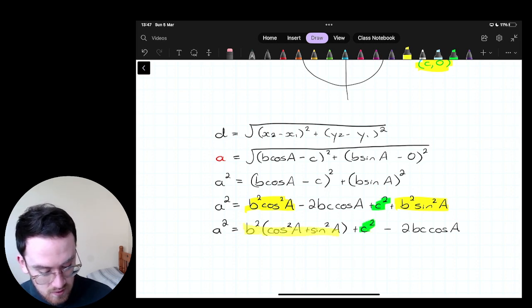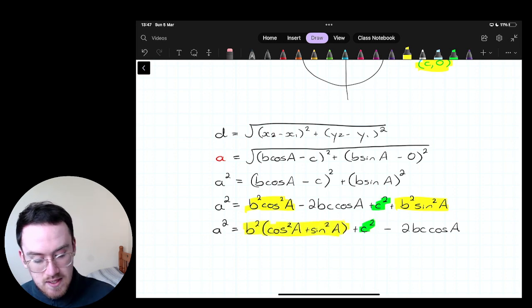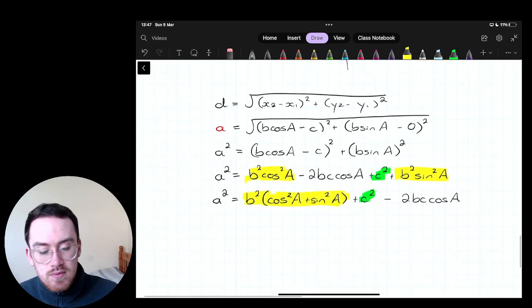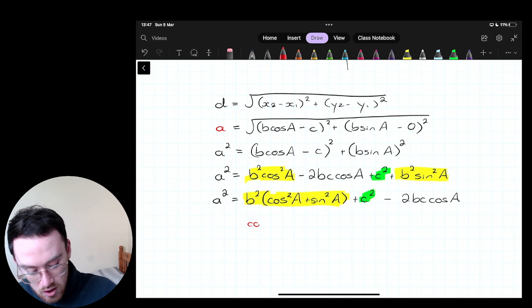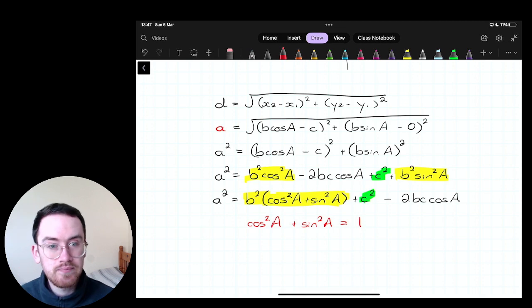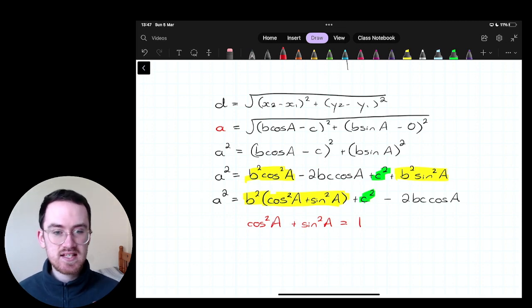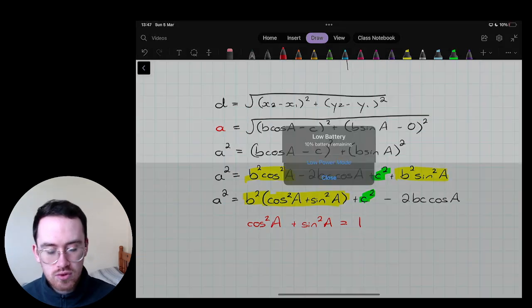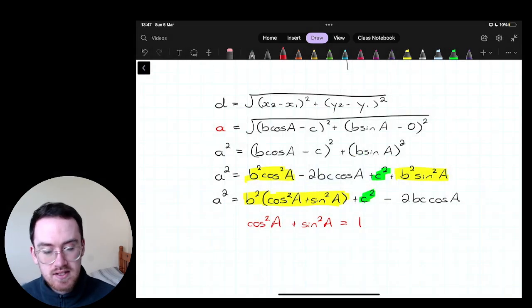Something we need to be aware of is that cos squared A plus sin squared A is equal to 1. That's really important. It's an important identity we use in a lot of these rules.